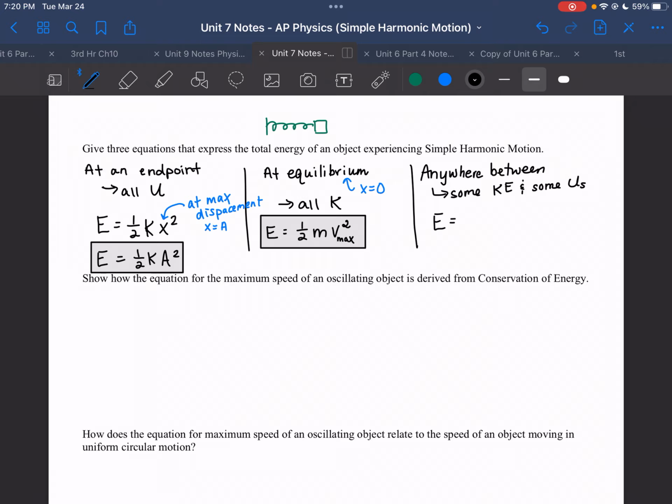So the total energy is going to be some kinetic, so we have our 1/2 mv squared. This time we don't have to say v max. It's going to be the velocity at whatever location we are at. Plus, we have the elastic potential energy, which is 1/2 kx squared. Again, this time we're not going to use A because that x is going to be dependent on wherever we are. Those are our 3 equations for total energy.